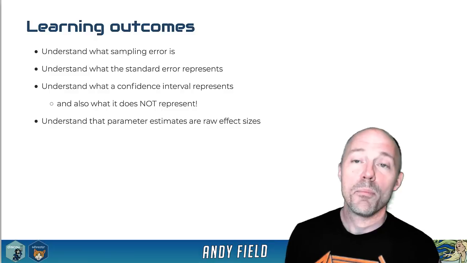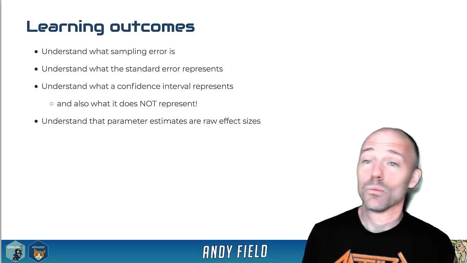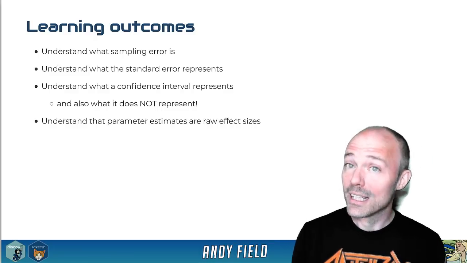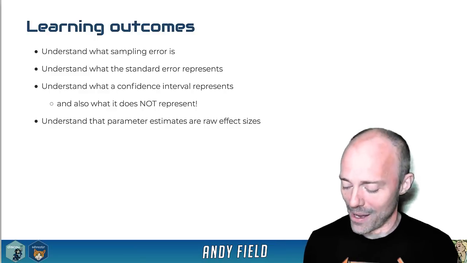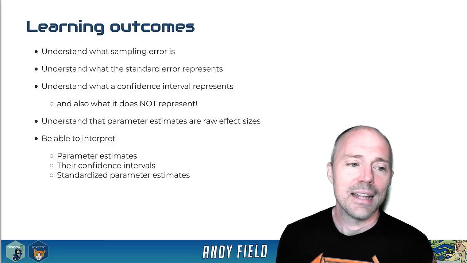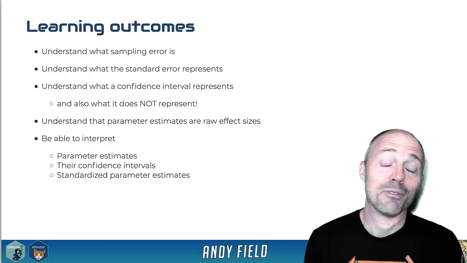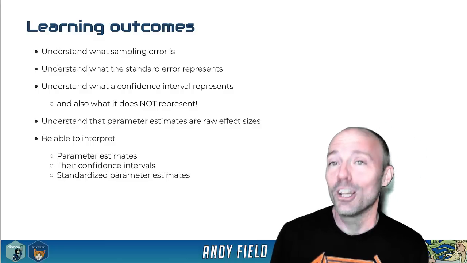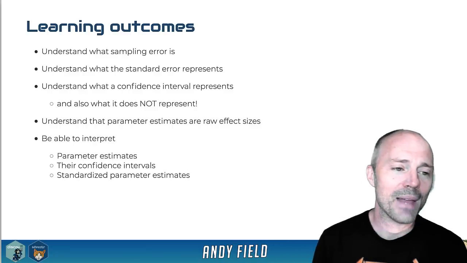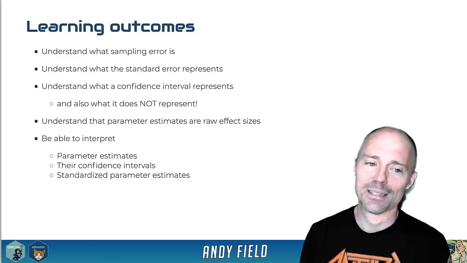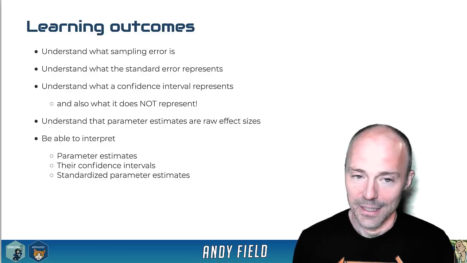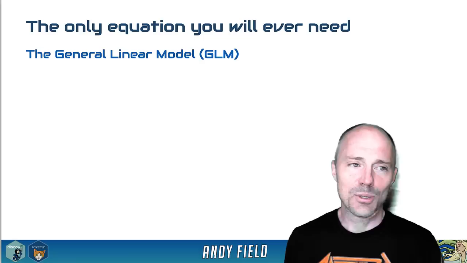We'll understand that a parameter estimate is what's known as a raw effect size, so we can interpret it directly and it's going to tell us something interesting about our effect. And we're going to be able to hopefully interpret parameter estimates. We're going to look at some examples at any rate, and their confidence intervals, and also talk a little bit about standardized parameter estimates. So let's get into it then.